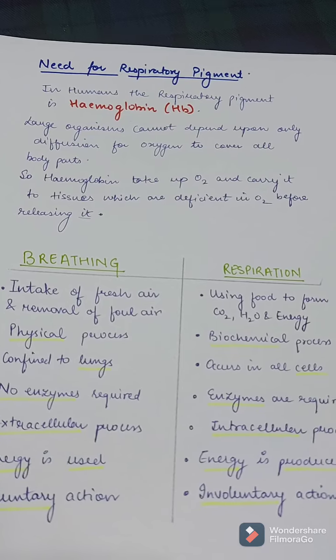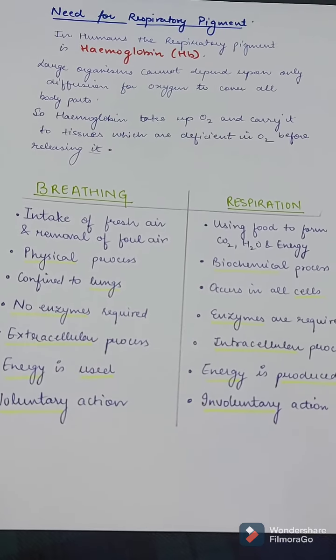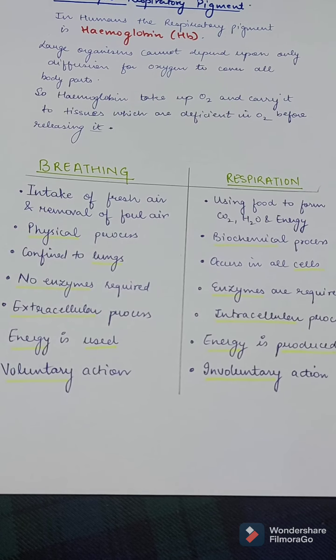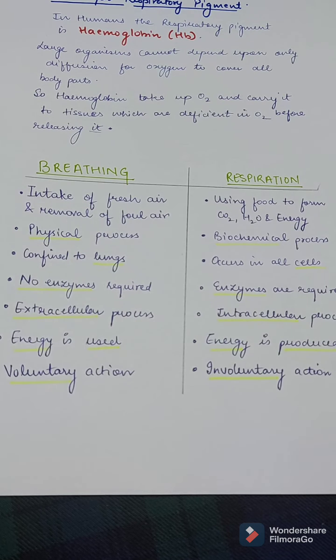So now when we have studied breathing and respiration, the processes, now let us see what are the major differences between breathing and respiration. Breathing is intake of fresh air and removal of foul air. Respiration is using food to form carbon dioxide, water and energy. That is the energy production process.